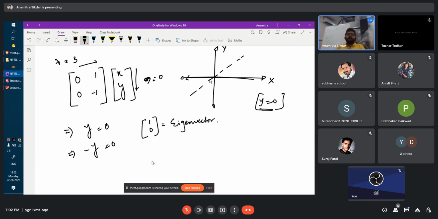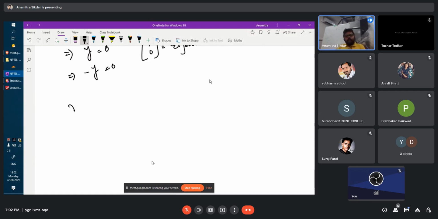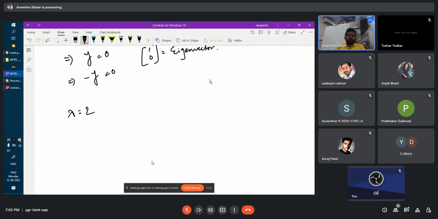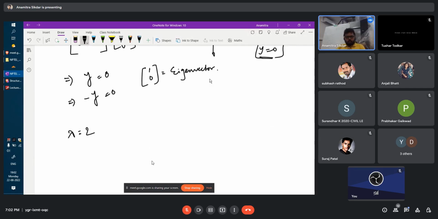All right, and what will be the other one? If we consider lambda equal to 2, this matrix becomes 3 minus 2, 1, 0, 2 minus 2, so it becomes 1 1 0 0, right?